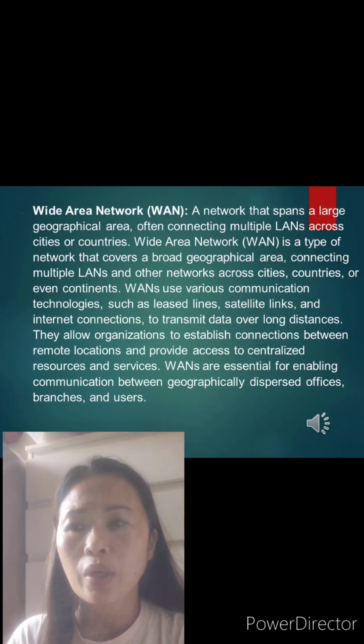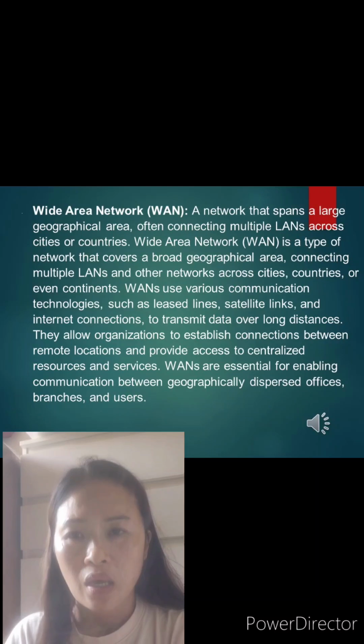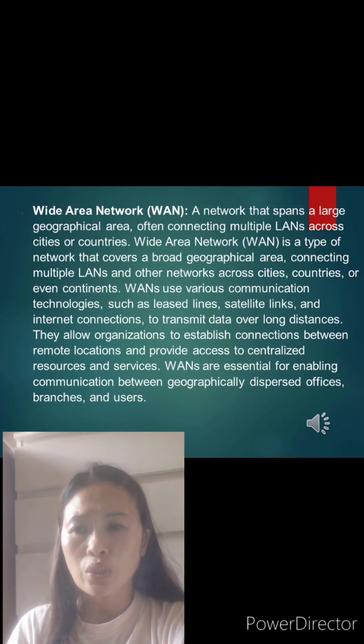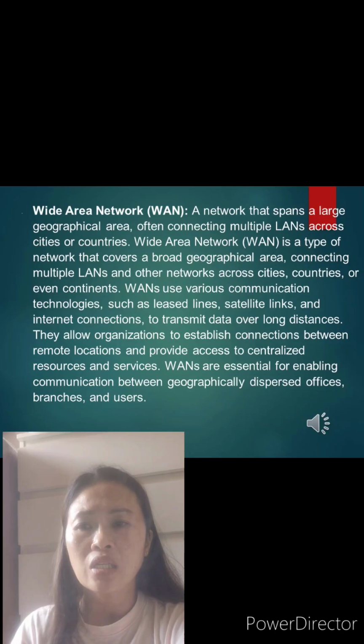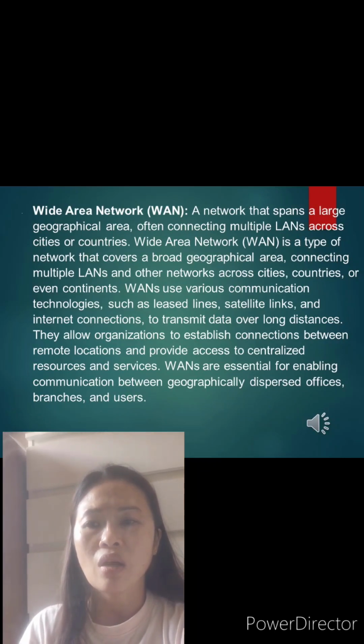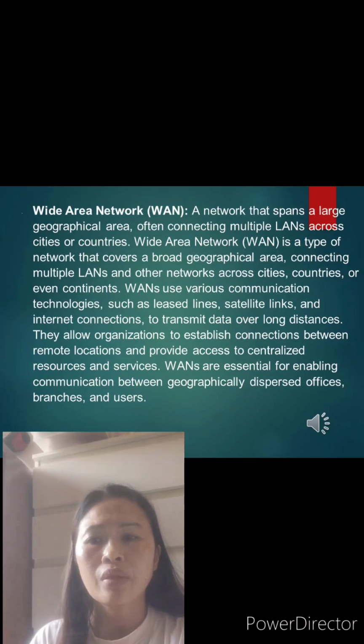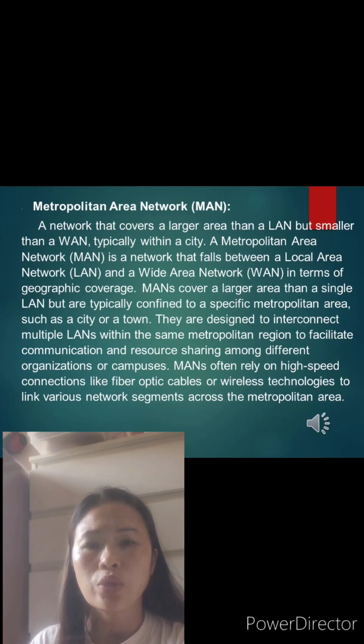WANs use various communication technologies, such as leased lines, satellite links, and internet connections to transmit data over long distances. They allow organizations to establish connections between remote locations and provide access to centralized resources and services. WANs are essential for enabling communication between geographically dispersed offices, branches, and users.